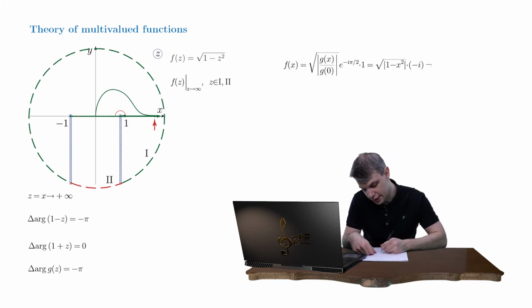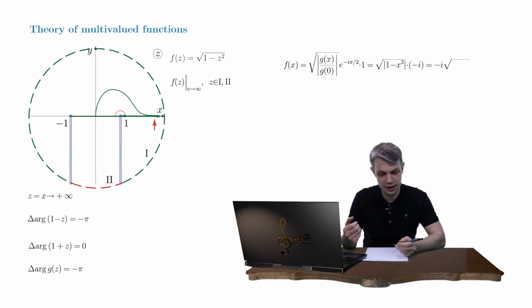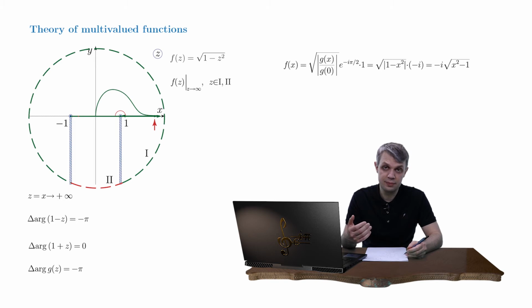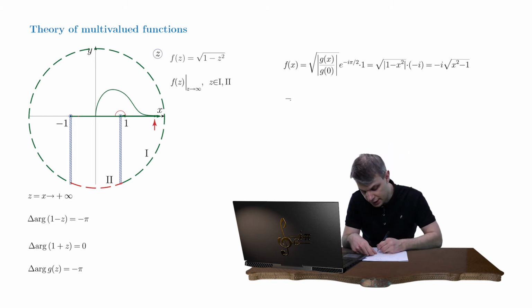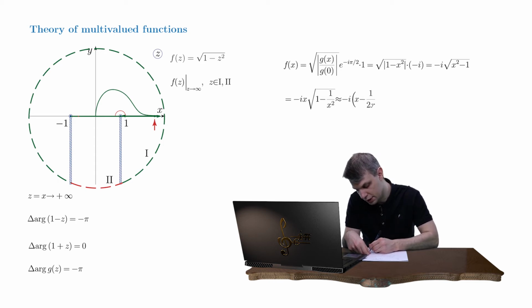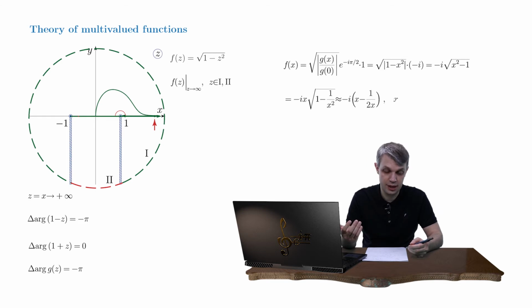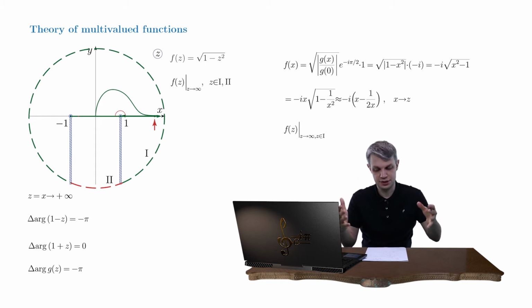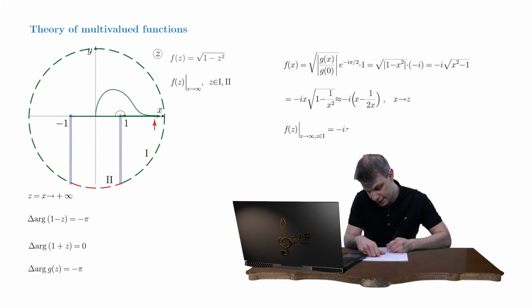We get rid of the modulus sign, interchanging 1 and negative x squared under the square root, and simply build a standard real analysis Taylor expansion for the square root. So it's minus i x times the square root of 1 minus 1 over x squared, and we obtain minus i x minus 1 over 2x. We change x back to z and obtain the first two terms of the Laurent expansion of our function in the outer arc. It's minus iz plus i over 2z.